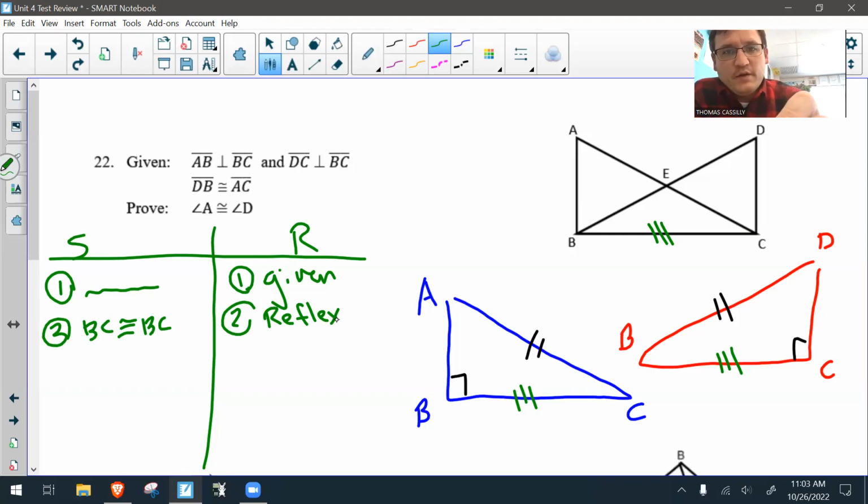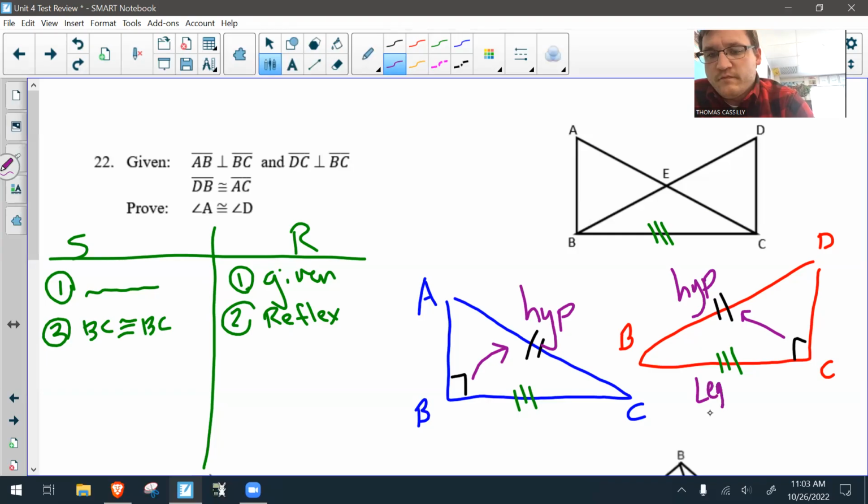Now if we look at triangle ABC and triangle DBC, these are two congruent triangles by the hypotenuse leg theorem. So remember, AC is a hypotenuse because it is across from our 90-degree angle. BD is the hypotenuse because that is also across from the 90-degree angle. BC is the leg on both of these.